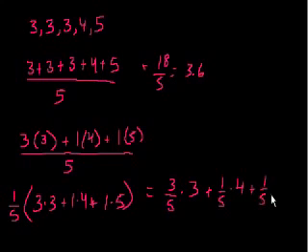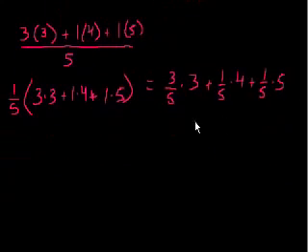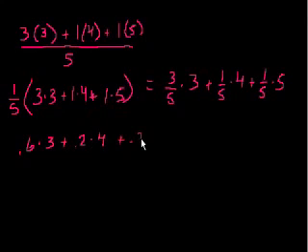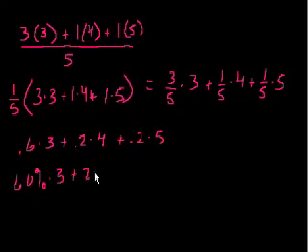Just so we can see it in a bunch of different ways, let me express these as decimals: 0.6 times 3 plus 0.2 times 4 plus 0.2 times 5. Or we could express these decimals as percentages: 60% times 3 plus 20% times 4 plus 20% times 5.